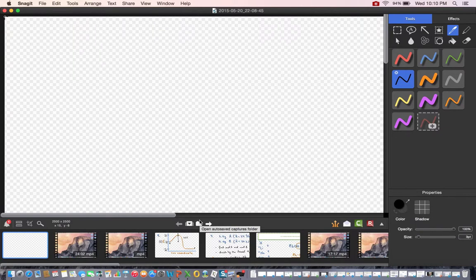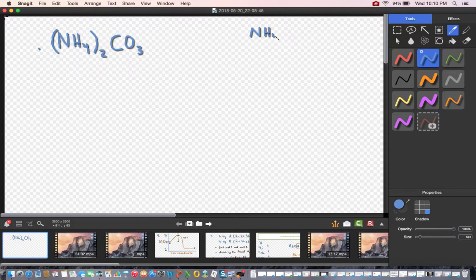So if we consider ammonium carbonate, we have (NH4)2CO3. Now, we know that nitrogen has a molar mass of 14, and each hydrogen has a molar mass of 1, so each NH4 is going to have a mass of 18.